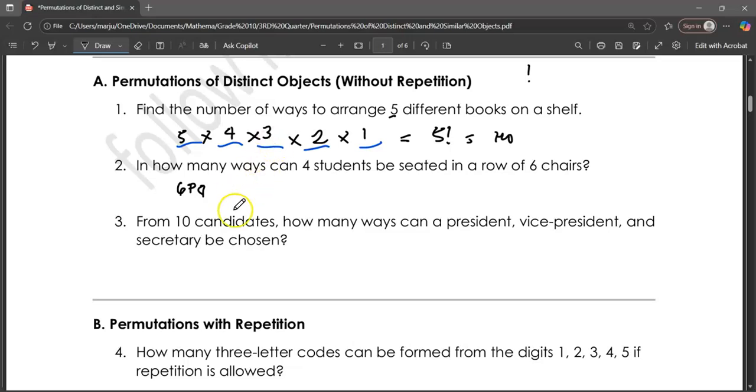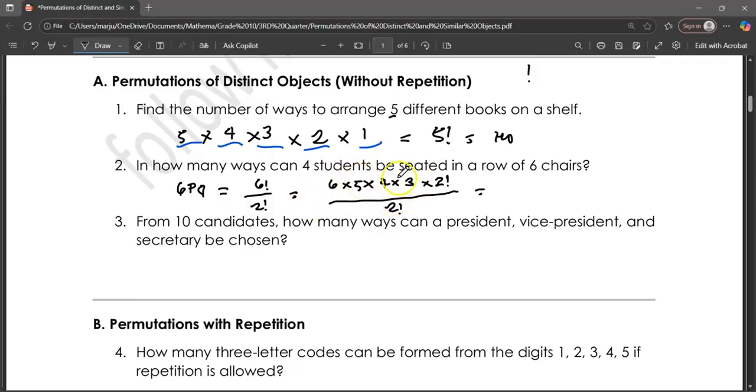So this is equal to 6 factorial over 6 minus 4, that's 2 factorial right here. And again, we can simply do 6 times 5 times 4 times 3 times 2 factorial over 2 factorial. This one will cancel out, and you will get 6 times 5 times 4 times 3.